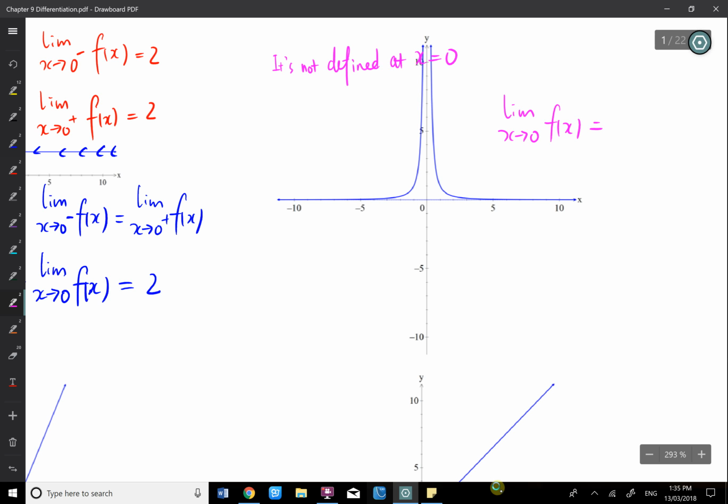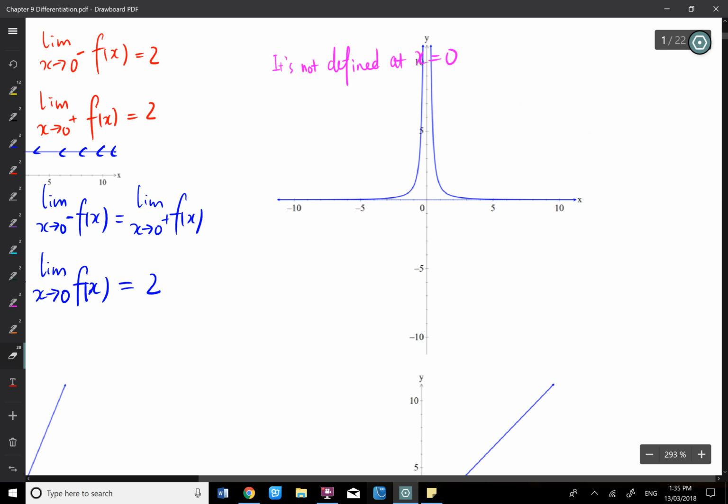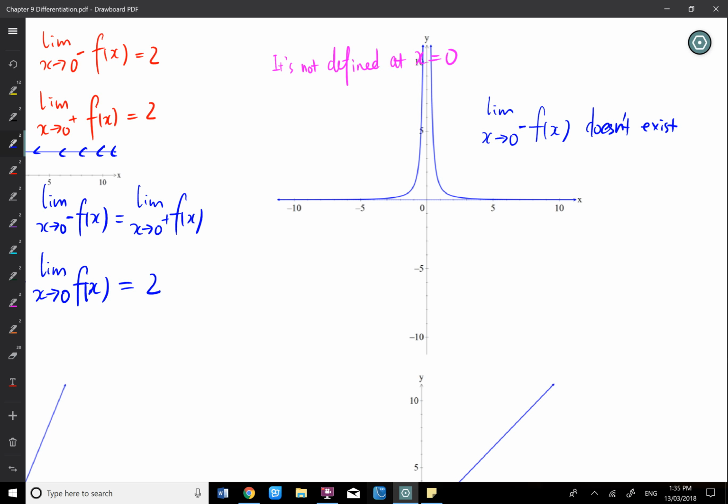So what we need to say here is the limit of x approaching 0 from the negative side of f(x) does not exist. Why does it not exist? Because when you go from the left up towards 0, you're trying to approach a really high level, which is infinity.